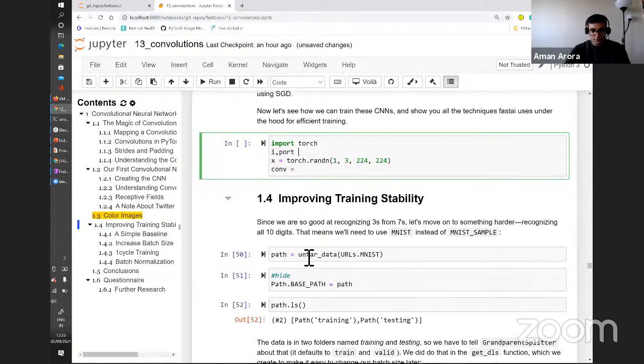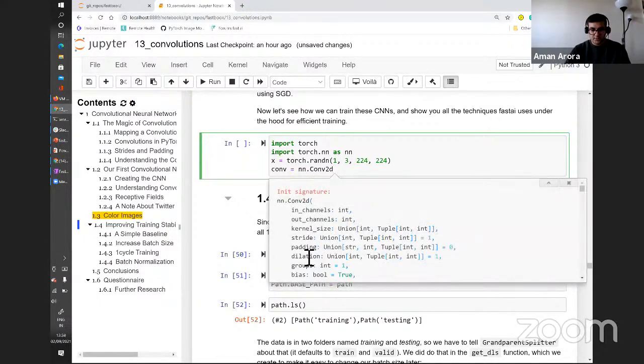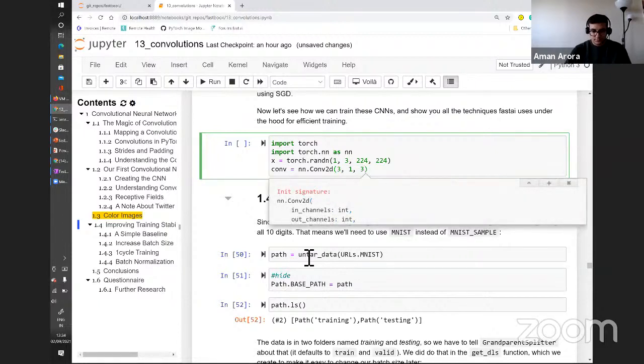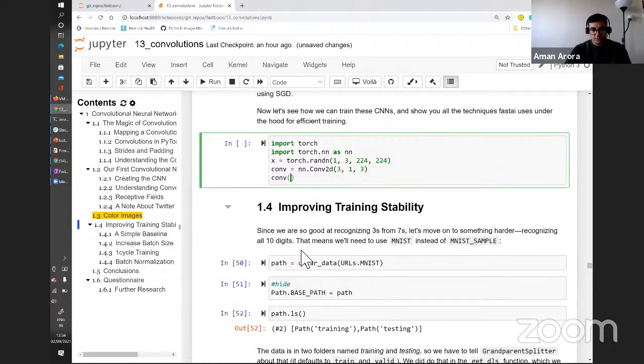I should also import torch.nn as nn, and I can have my conv as nn.Conv2d, and I just say my input number of channels is 1, out channels is 1, and the kernel size is 3. All right, and then I can just do conv of x, and I can check my output shape.